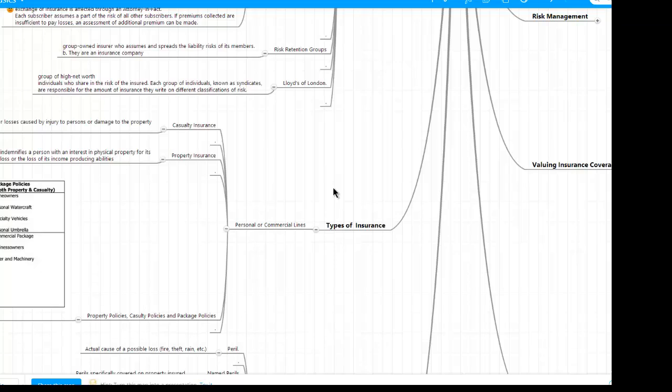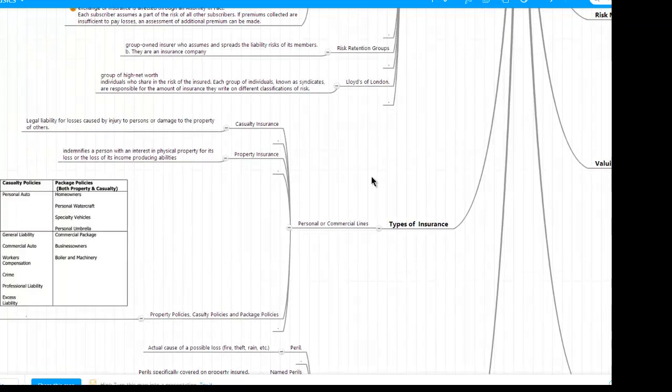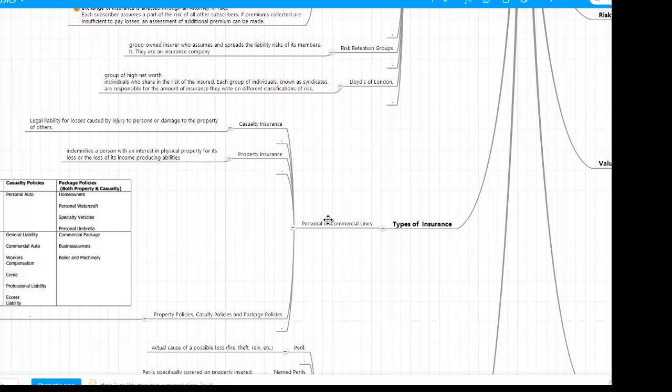And now, types of insurance. Well, you have personal or commercial. This is within the property and casualty framework. And over here, you have casualty, which would be like liability. Liability is a loss caused by injury to a person or damage to the property of others. That would be a liability to you.